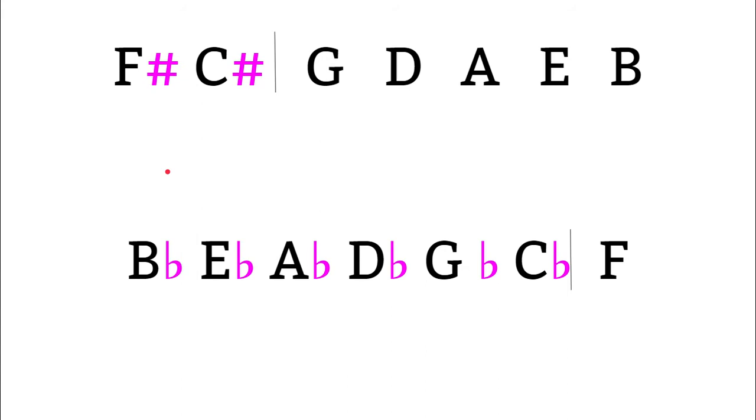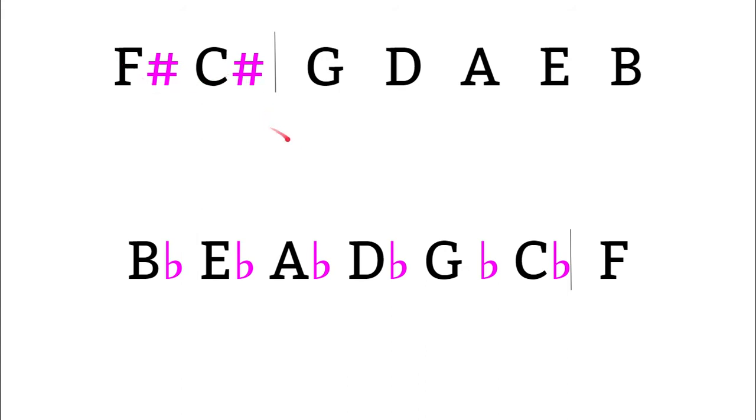So we're using the order of sharps and order of flats to identify the names of these key signatures or the names of these scales. They're both the same thing. So to the left of the line are the letters that have to have flat signs or sharp signs in them for the actual name of the scale, the name of the key.